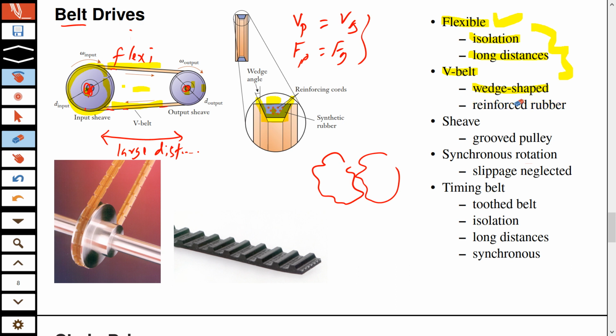Why reinforced? Because if you only make them from rubber, of course rubber is flexible, but it will not be strong. It will not have a high modulus of elasticity E. So to increase stiffness, you reinforce that rubber with, for example, plastic, or I forgot the name, but there are some materials which you must add to rubber to increase the modulus of elasticity.